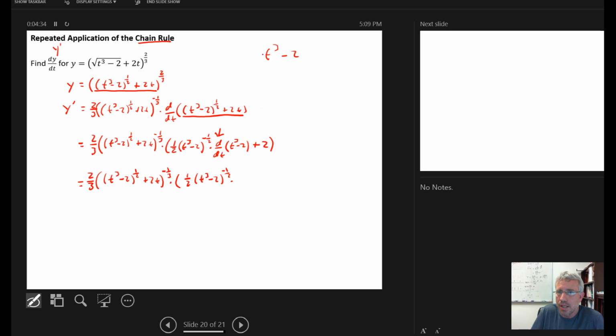You get 3 coming down into the coefficient position times t to the decrease the exponent by 1. And the derivative of a constant is 0. So I really get this plus 0 when I take the derivative of t cubed minus 2. So I can just write times the 3t squared, and then plus the 2 that's already sitting inside there.